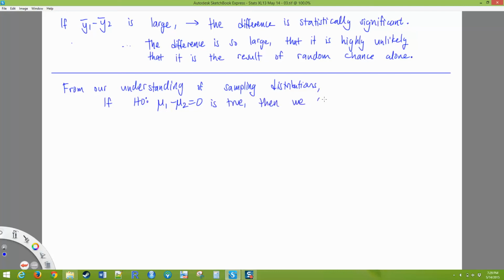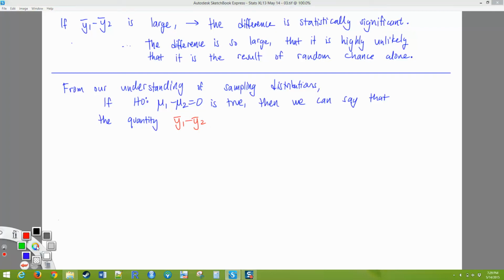then we can say that the quantity y bar 1 minus y bar 2 will come from a normal distribution.